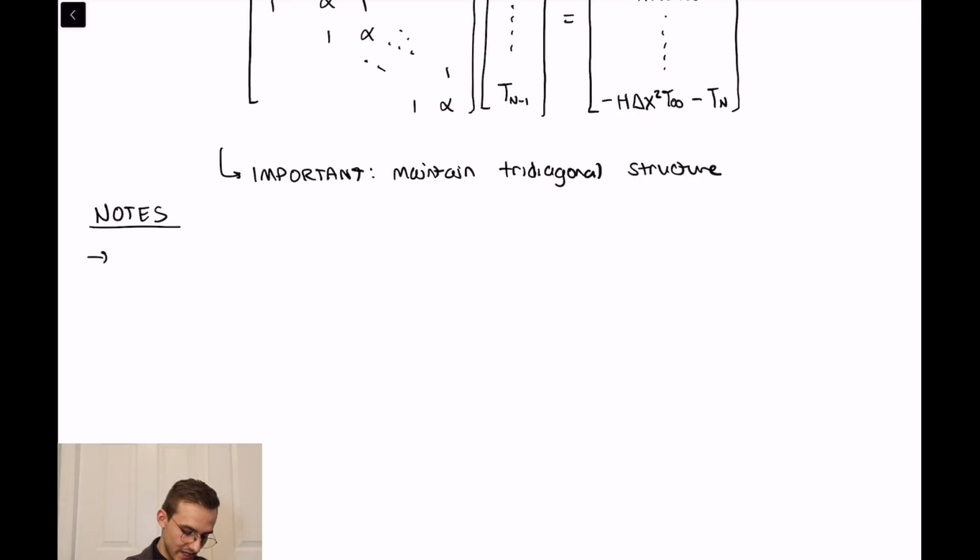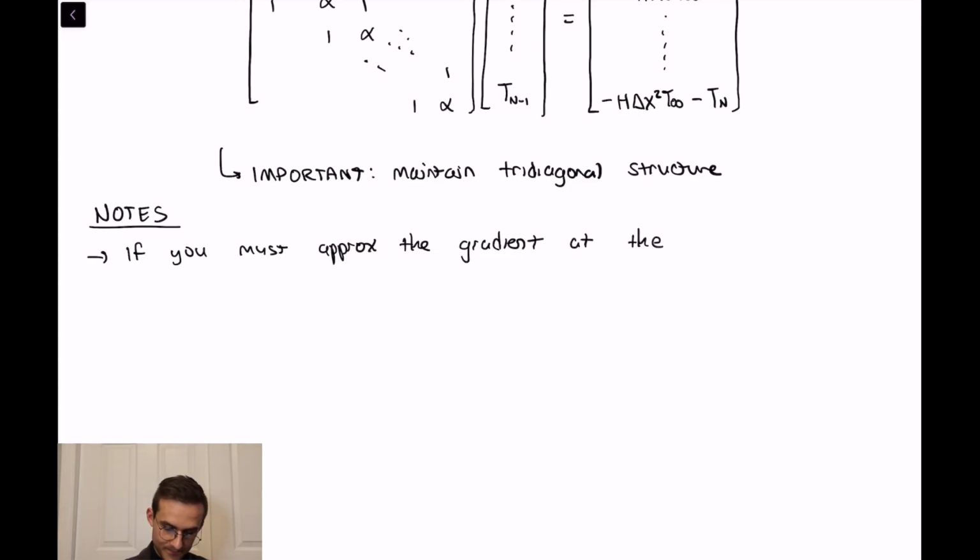For example, if you must approximate the derivative at the right-hand boundary, you need to use a finite difference formula that looks backwards, something like backward difference.